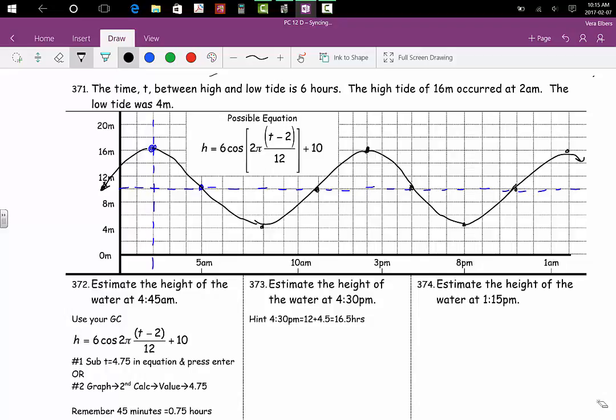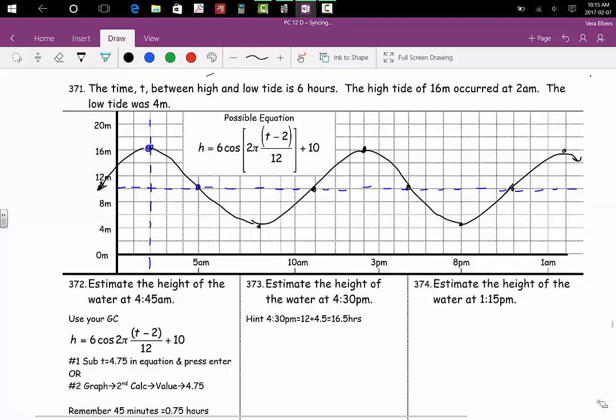So your c value is 2, your period, well it's 2 pi over 12, so our period is 12. Our amplitude is 6, and our vertical displacement is 10, and you can see that all from the graph.